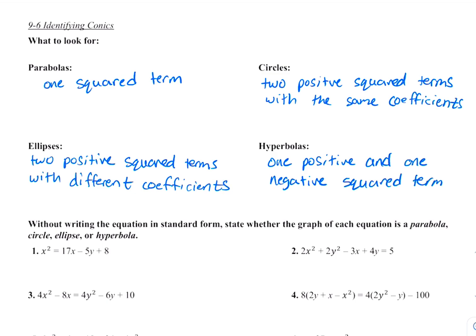Now, to make these decisions, if we have more than one squared term, we need our equation to be simplified and our squared terms to be on the same side of the equal sign.